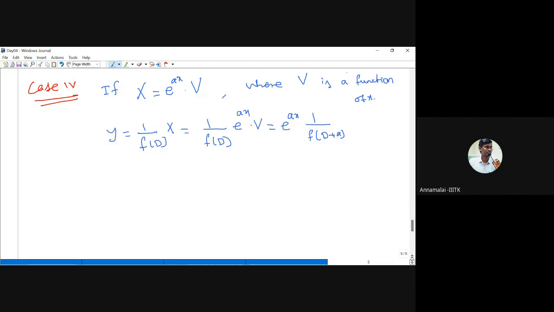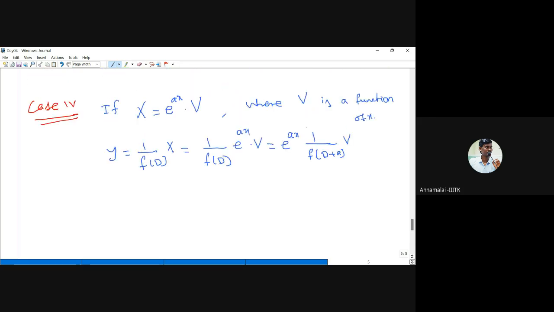Depending upon V, you can simplify it. This V is a function of x, so it may be sin x, cos x, or x power n, or any possible function. Then you can easily find the particular integral. Just take e power ax outside and replace D by D plus a.